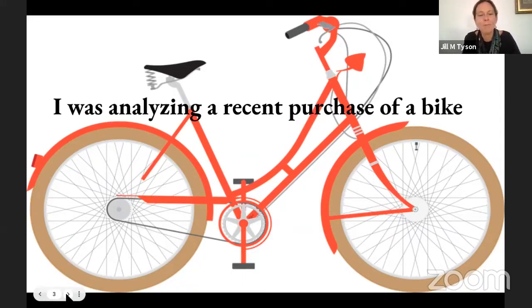And then after I bought my bicycle, I kept telling myself, and I still tell myself, that was a good purchase. I like the height of the bike. It's good for me. Everything is solid on my bicycle. I like the style I decided. I like the horn. I like everything about my bicycle. And so I'm really analyzing from time to time. I will think that was a good choice.